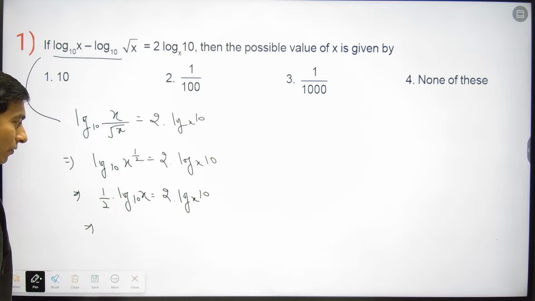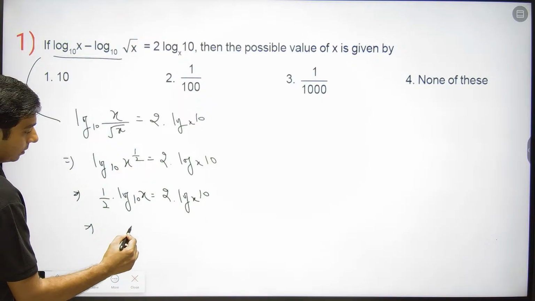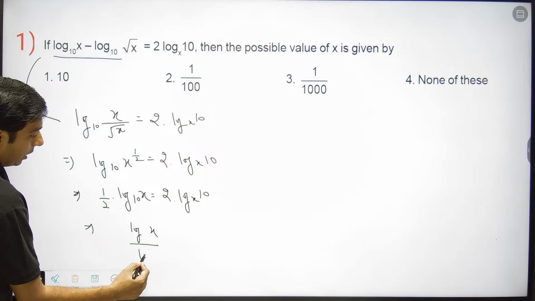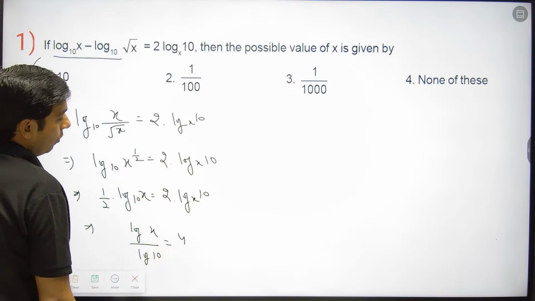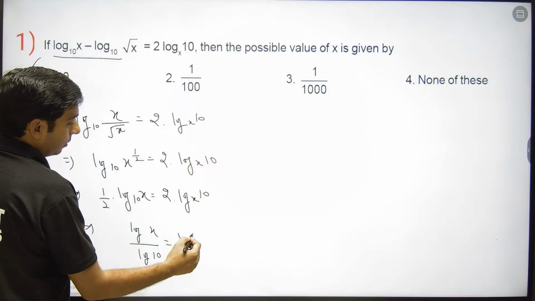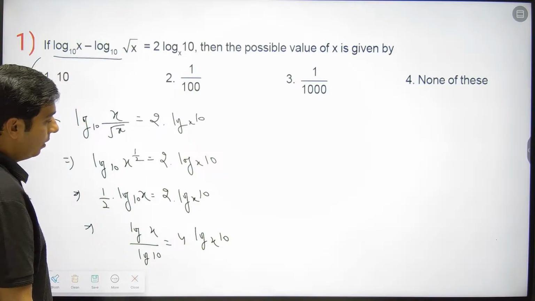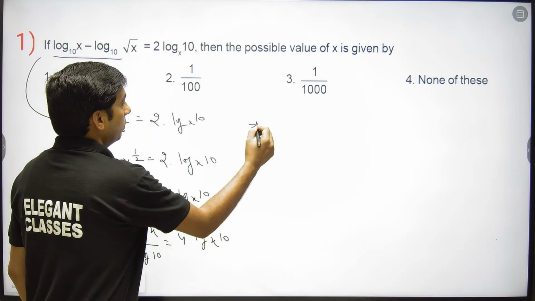So if I simplify it further, it will become log x divided by log 10 will be equal to 4 times log 10 divided by log x.